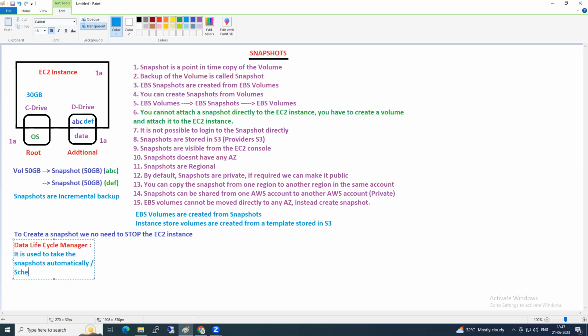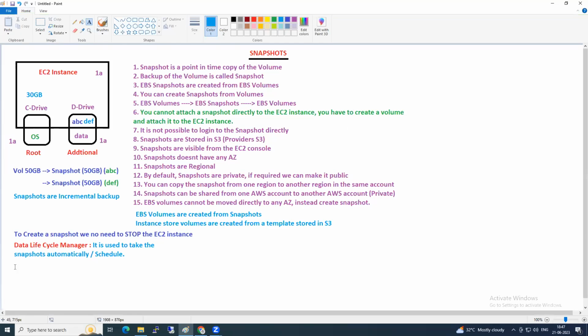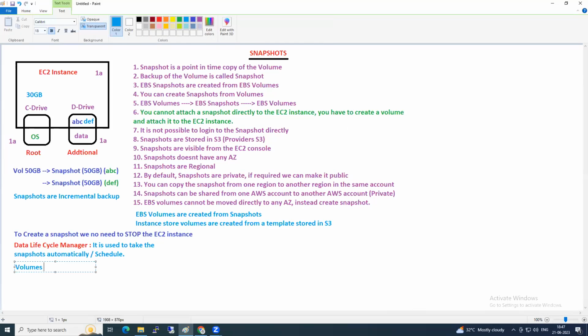You can schedule it also. And the volumes that should get a snapshot will be identified by tags.